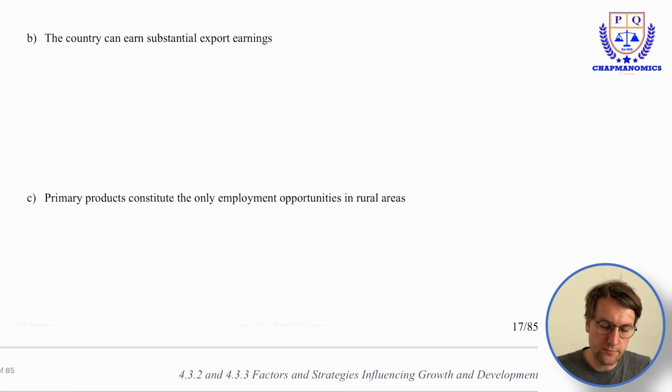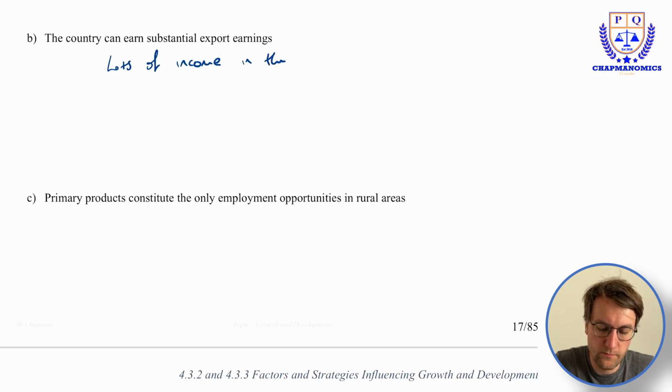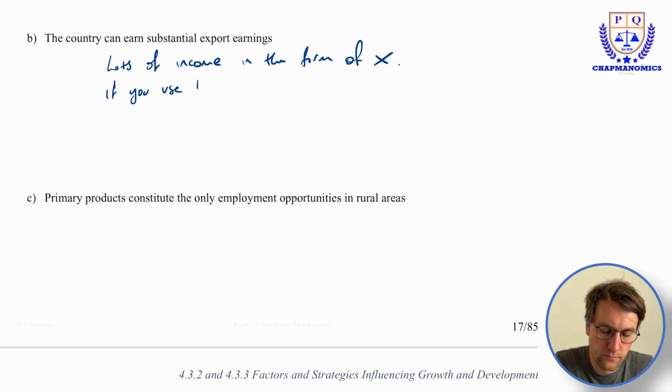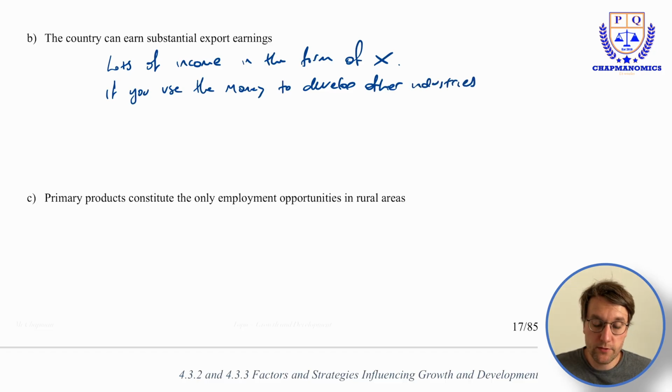Second reason why it can sometimes not be such a big problem is that your country can earn substantial export earnings. So this means that you've got lots of income in the form of X. If you then use that export money that you are producing in order to produce new goods and services, if you use that to develop other industries, then you can grow your economy that way.